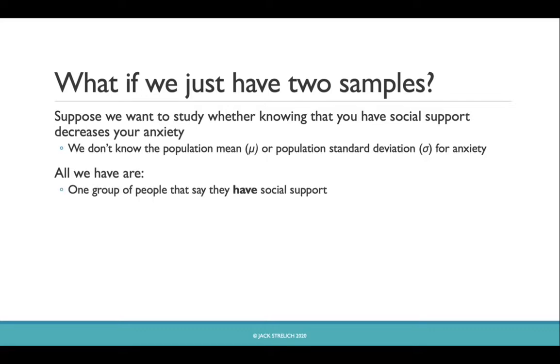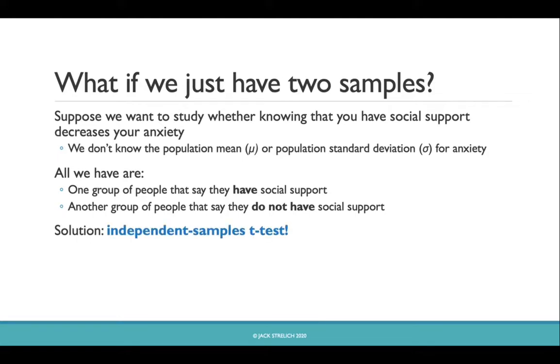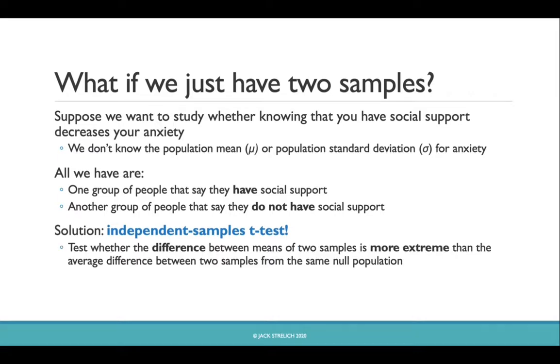All we have are one group of people that say they have social support and another group of people that say they do not have social support. The solution is to use an independent samples t-test, which tests whether the difference between the means of two samples is more extreme than the average difference between the means of two samples drawn from the same null population.